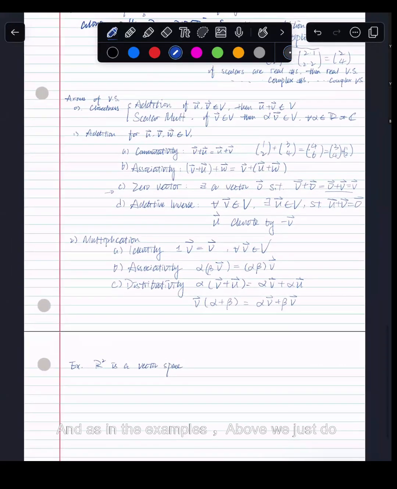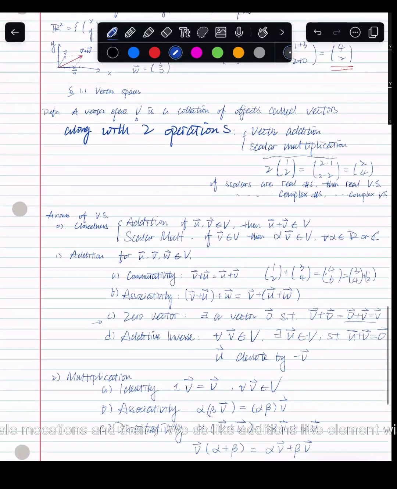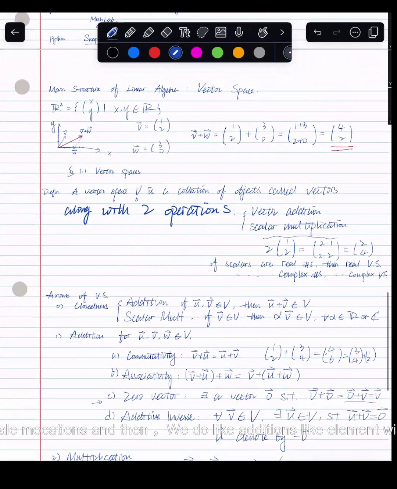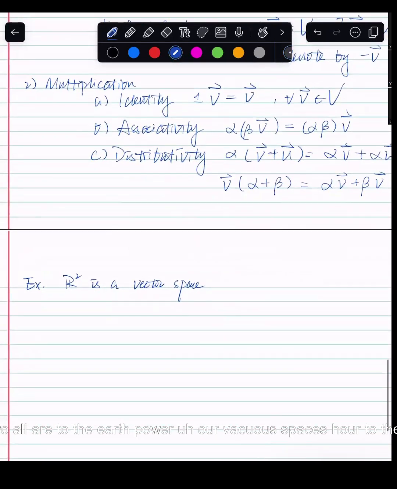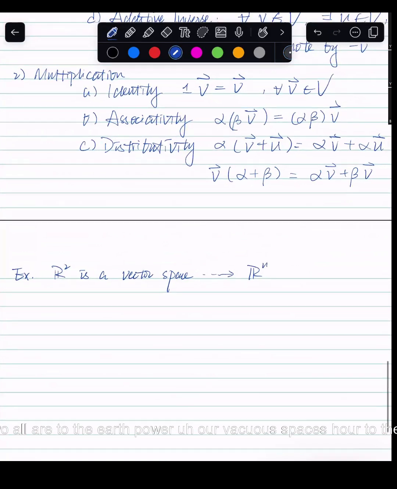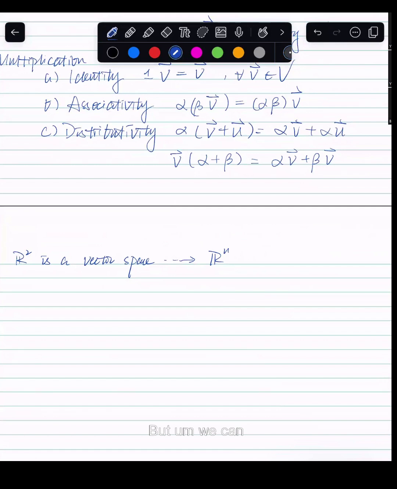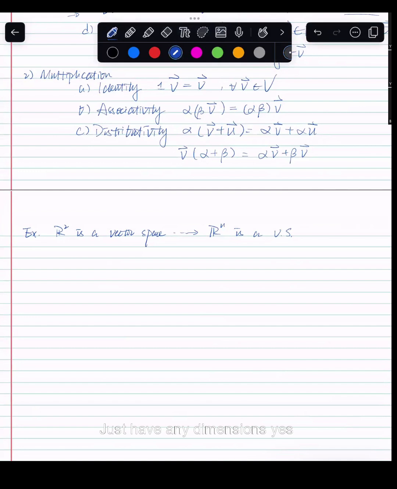As in the examples above, we just do scalar multiplications and additions element-wise. But we can generalize this so that all R to the nth power are vector spaces. So R to the nth power is a vector space. You just have n dimensions.